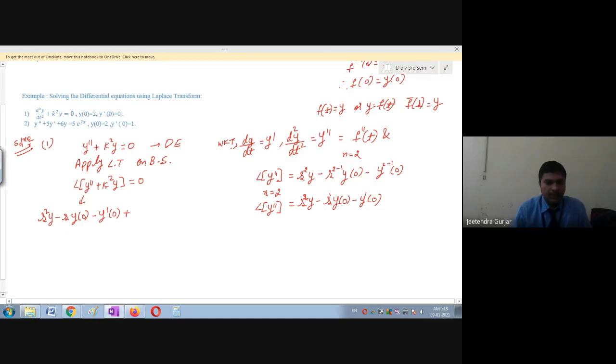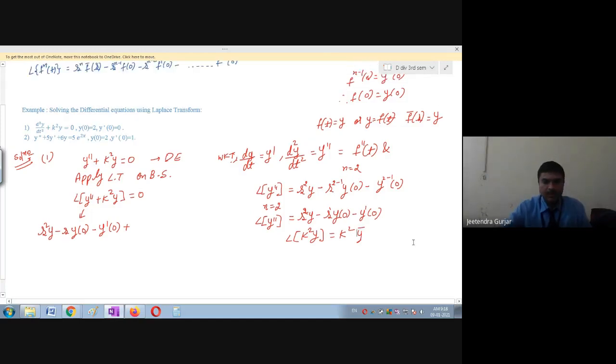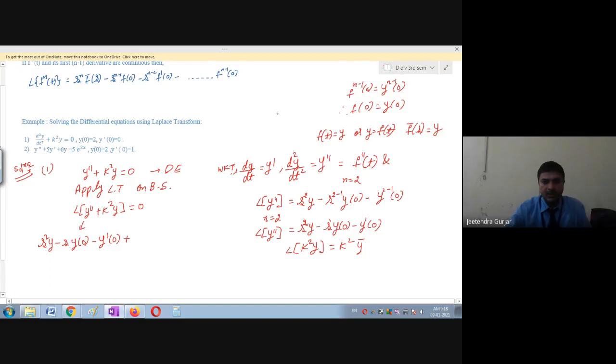Now you can see here the Laplace transform of k square y. So what will be the Laplace transform of k square y, students? K square is a constant. I will write k square as it is. Then the Laplace transform of y, which I will take as y dash. Otherwise, you can write this as f dash of s. Just for simplification, I have taken this as y dash.